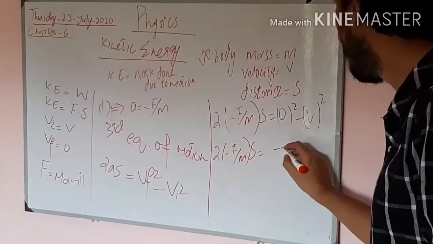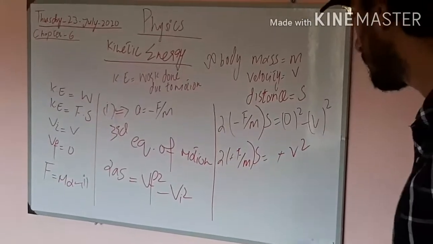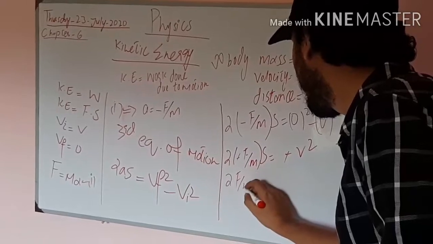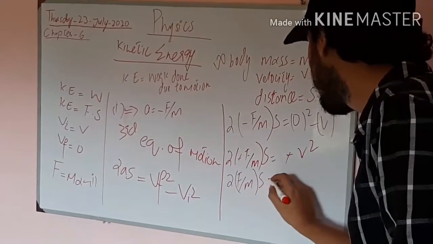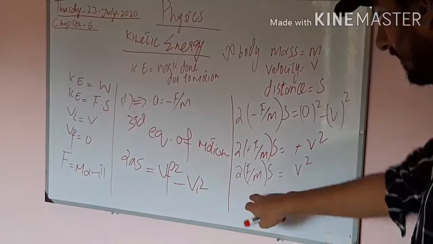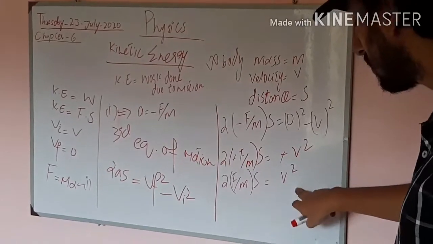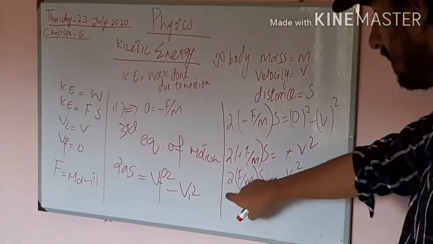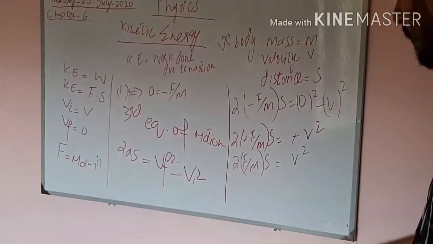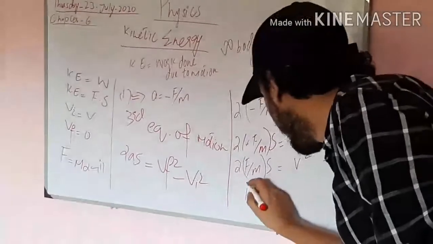This is equal to minus v square. The minus sign and this minus sign will cancel. 2F by m times s is equal to v square. The m is dividing across the equality sign, so it will be multiplied, and the 2 is multiplying here, so it will go to the divide side.